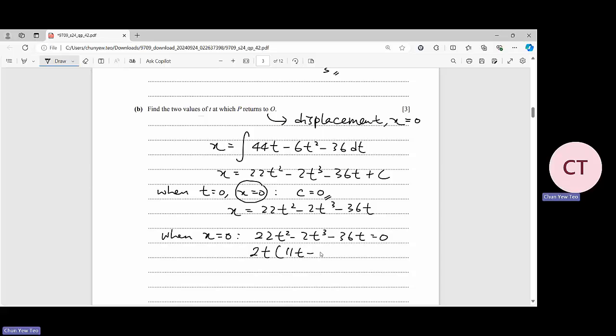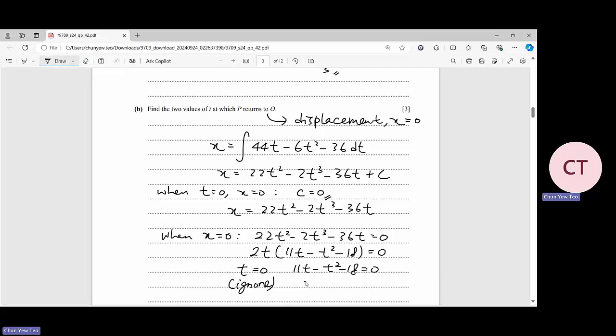2t times 11t minus t squared minus 18 equal to 0. So t equals 0, or 11t minus t squared minus 18 equals 0. This one we ignore, because we already have t equal to 0 here, so we can ignore it.